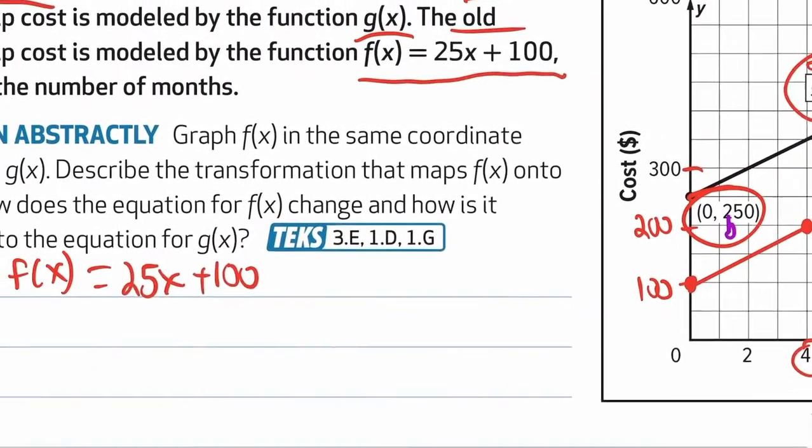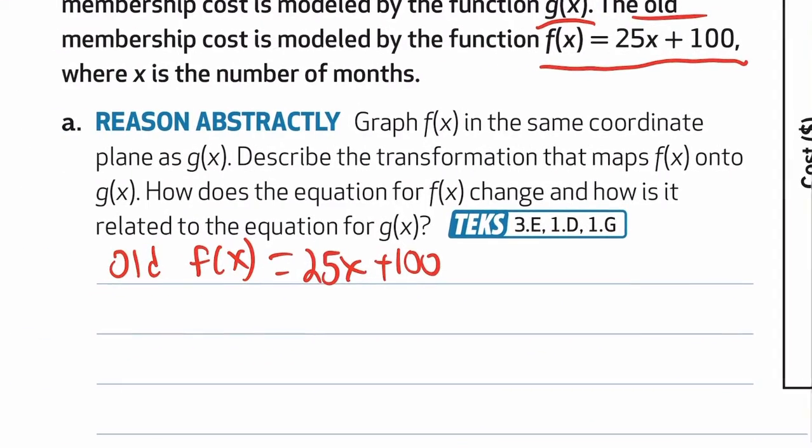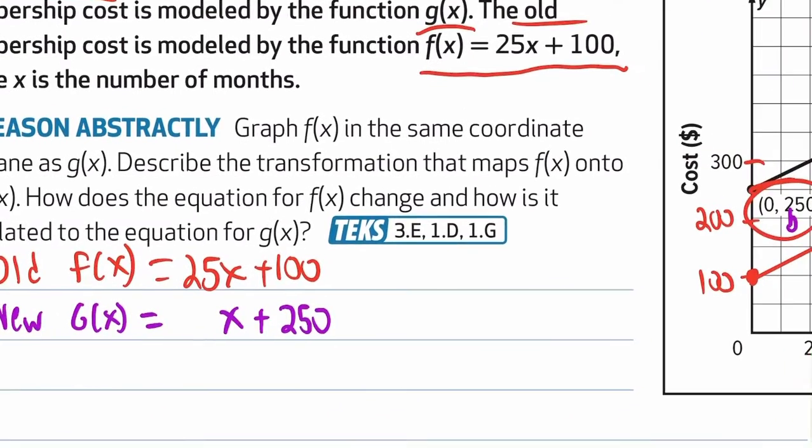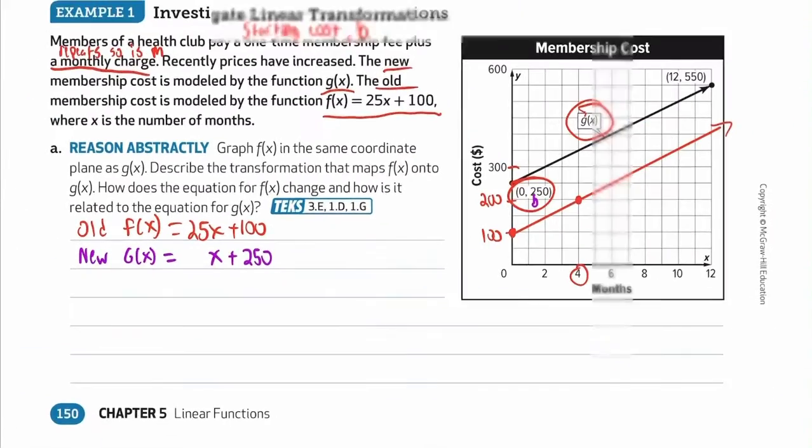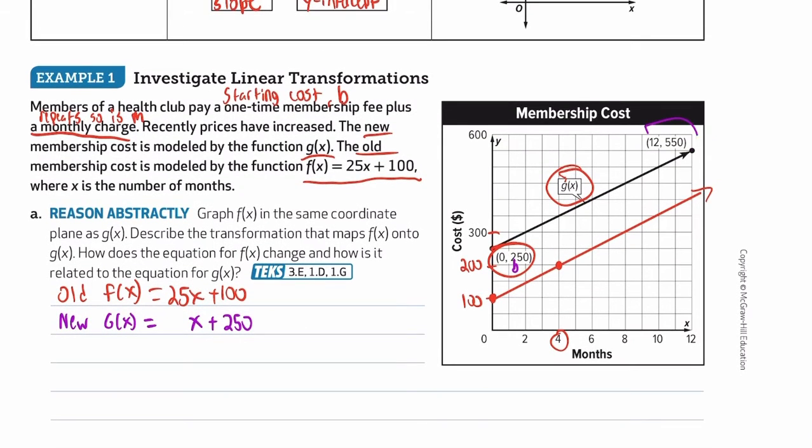So the new g of x is equal to something times x plus 250. To make sure that the slope did not change, or to see if it did change, we need to use this point and that point.